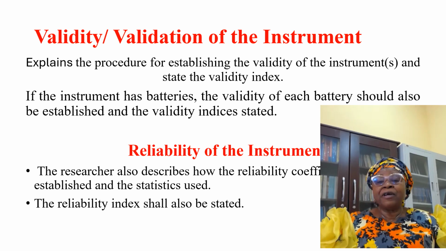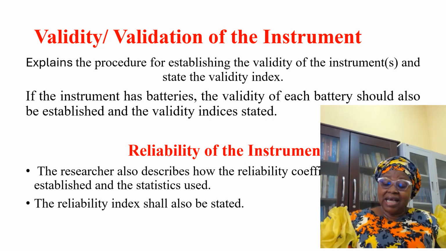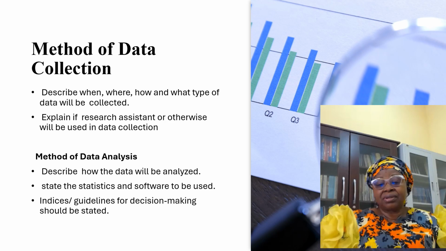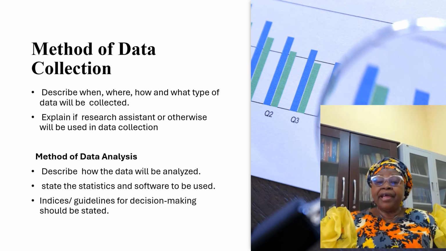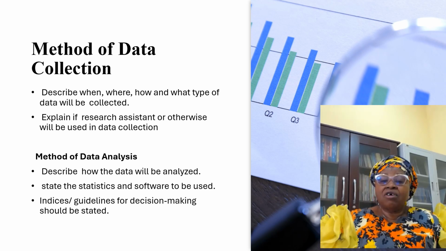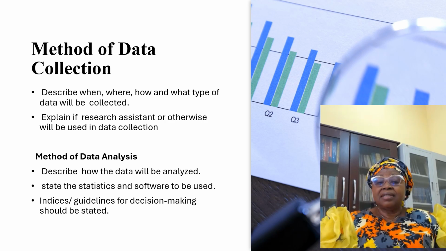So in this area, we expect you to report the method for establishing reliability and the measure you got. So, method of data collection. Describe when, where, how, and what type of data will be collected. Explain if research assistants or otherwise will be used in data collection and how. We now talk of method of data analysis.